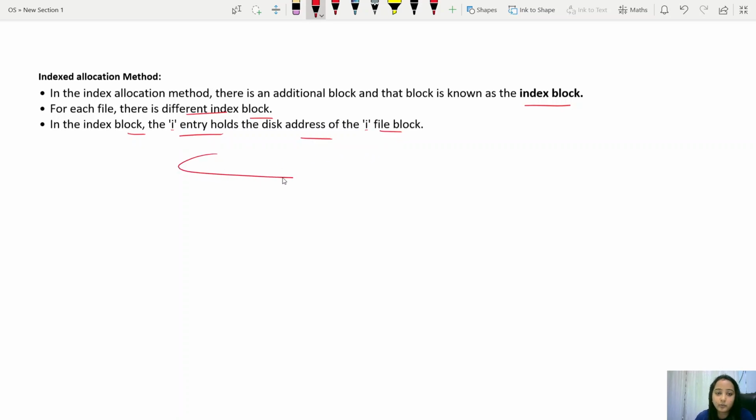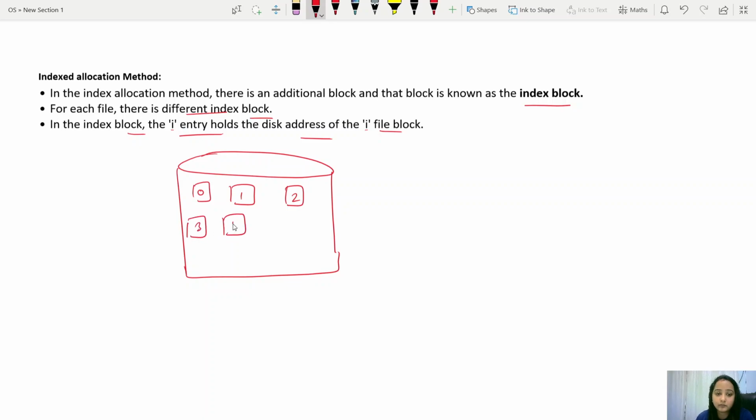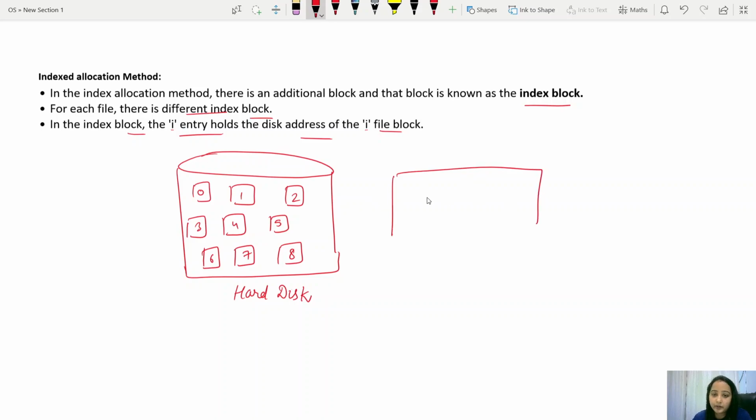Okay, so suppose I have the hard disk, and here I have different blocks. In the hard disk, right? So I have to maintain here the file name, and the second column is reserved for the index block.